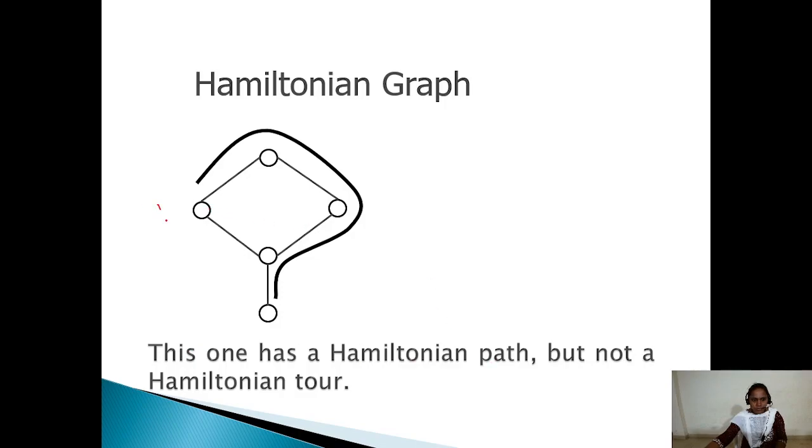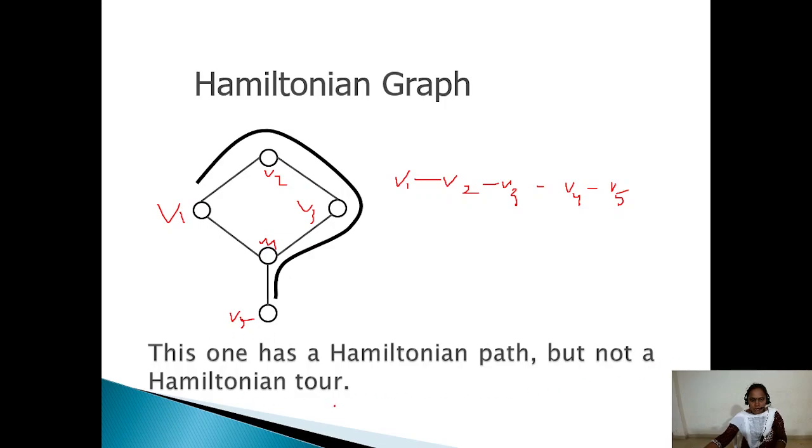Hamiltonian path means here we have vertices V1, V2, V3, V4, V5. V1 is connected to V2, V2 is connected to V3, V3 is connected to V4, V4 is connected to V5. Okay, this is the path. Next.